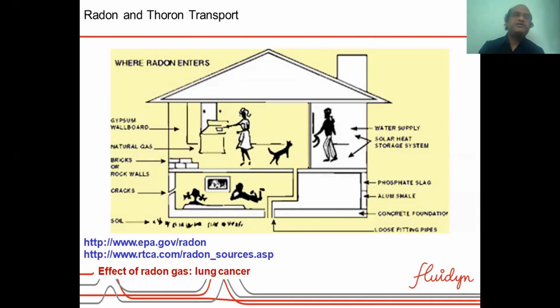Such a thing is the radon release and its effects on the people and its dispersion. So you know the radon is a radionuclide, and it's a gas. It comes from various sources like underground water or from the walls and from various materials.